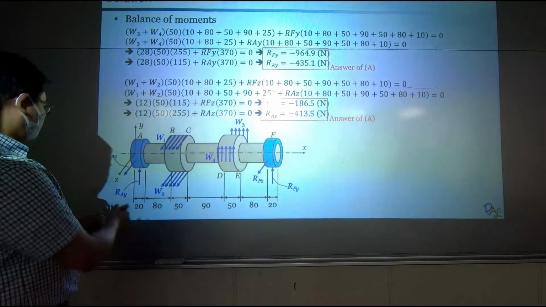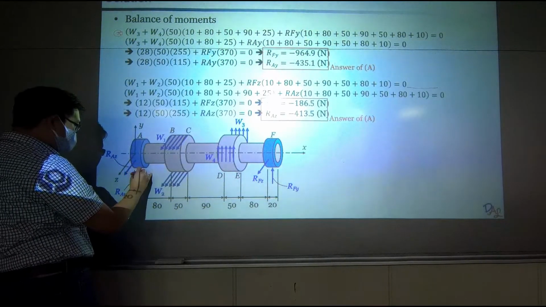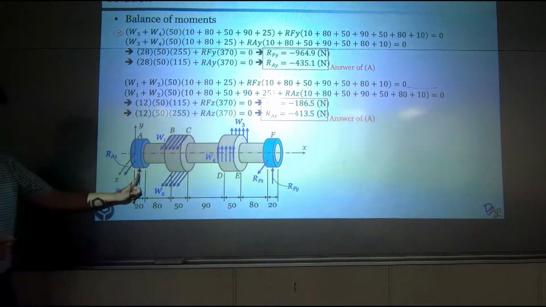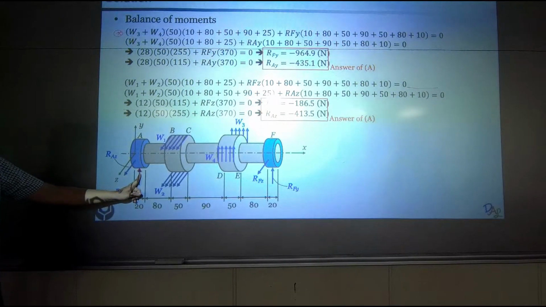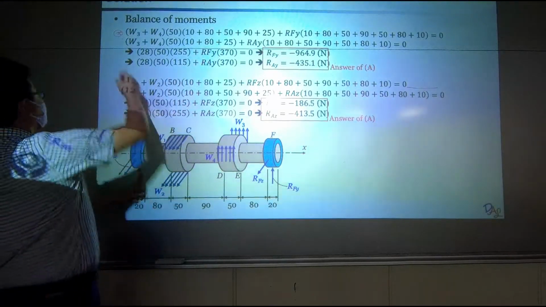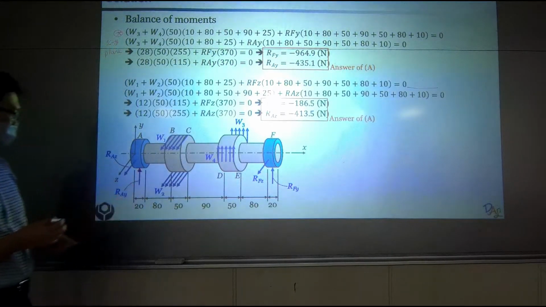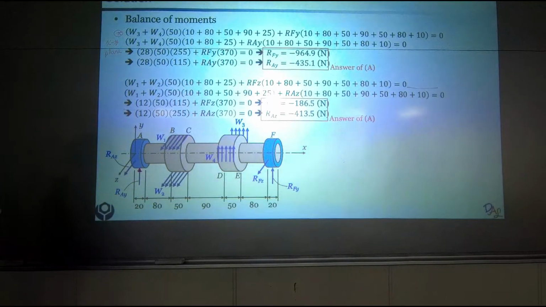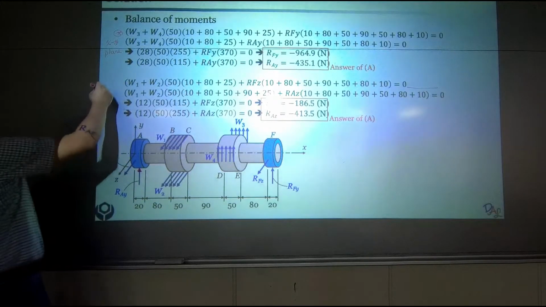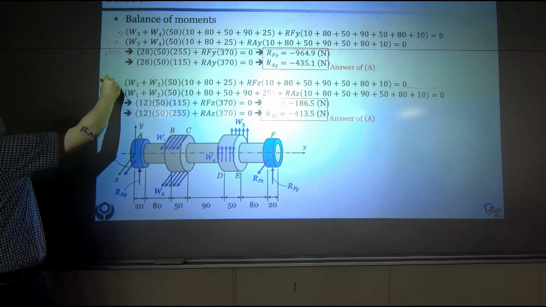So for the first equation, I chose this point as the center of my analysis, and I am working on the XY plane. What's happening on the XZ plane has nothing to do with the first part. They are independent. For the second half, the analysis is on the XZ plane.